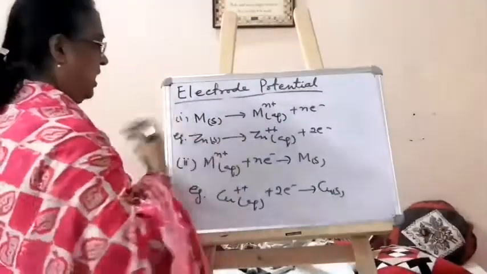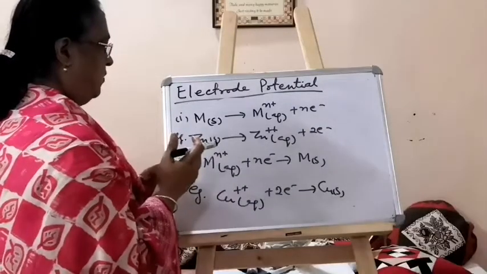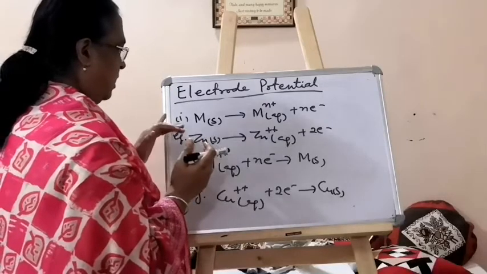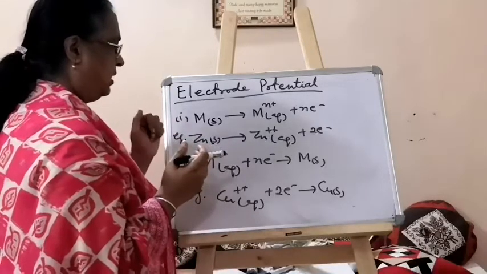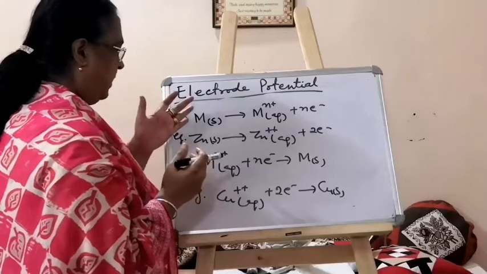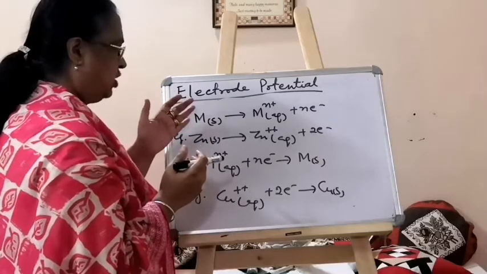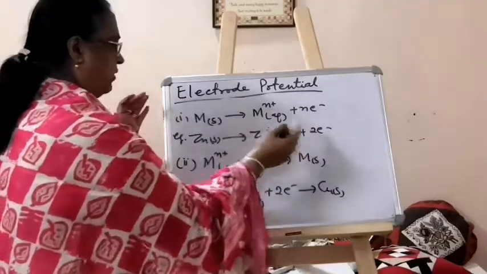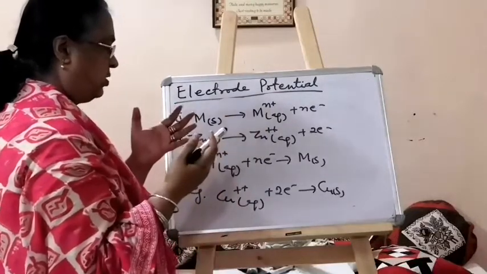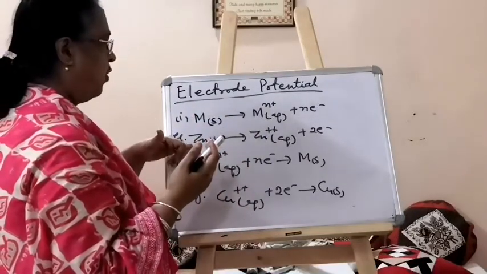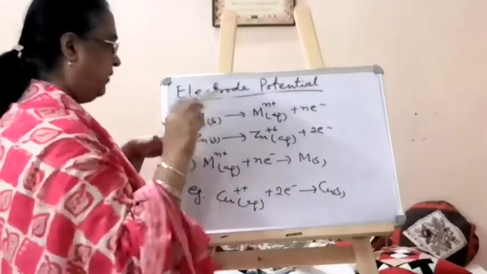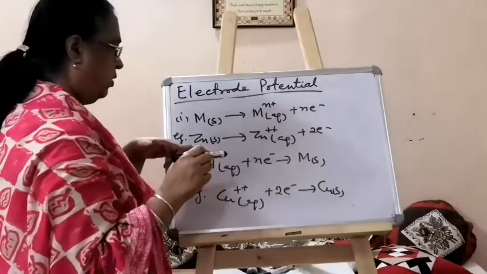So whichever phenomenon is stronger and faster in a metal, according to that it is going to behave. So if a metal is more reactive in nature, it will lose electrons and undergo oxidation, so it will always form the electrode with a negative charge, and that will be your anode.